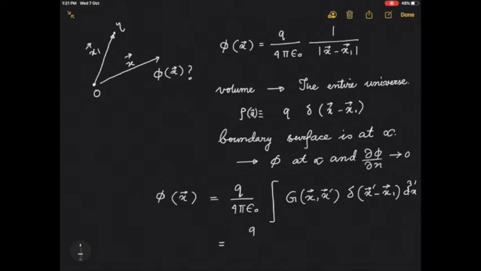And you know how to do the delta function integration. It will just change x prime in g to x1.